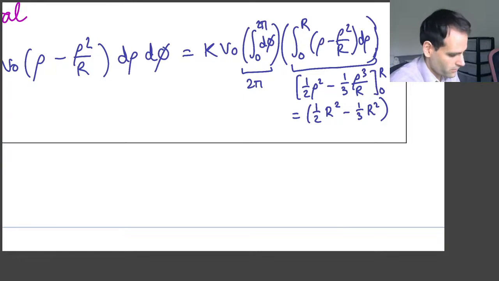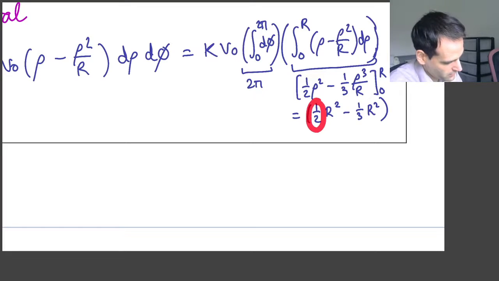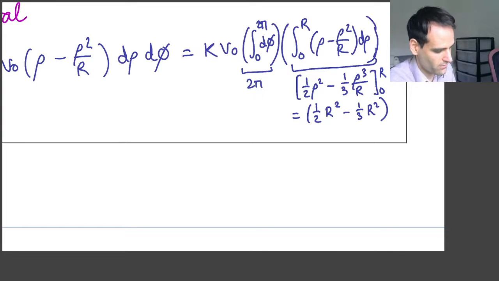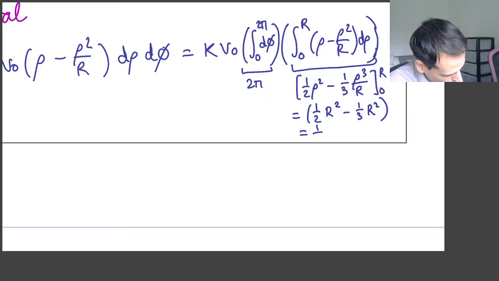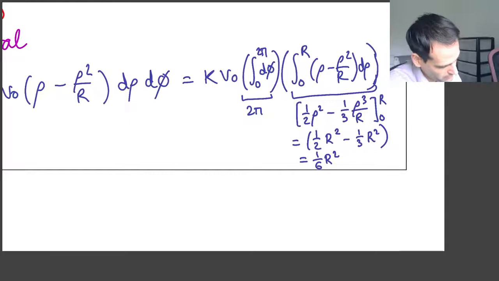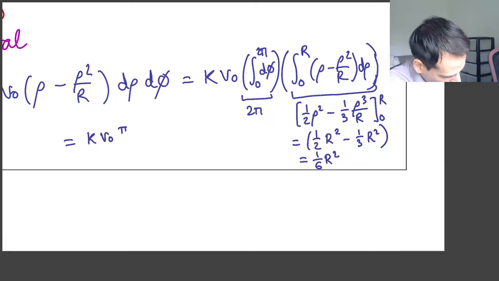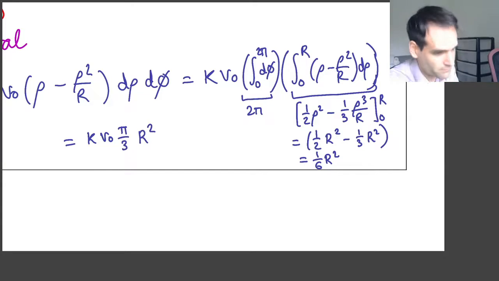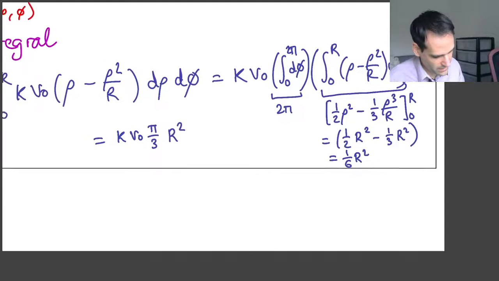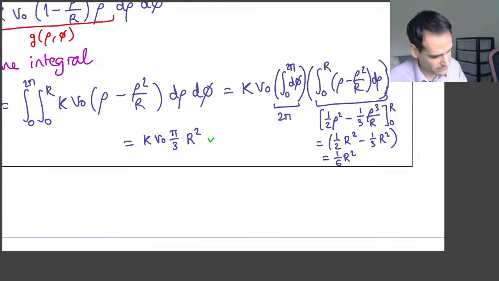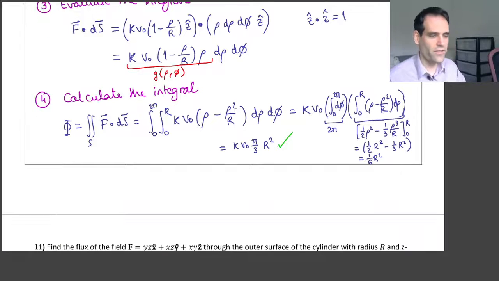Okay, so this is 3/6 minus 2/6, so that's 1/6 of r squared. So this 1/6 gets multiplied by the 2 pi, so you get pi over 3. So the final answer is k v0 pi over 3 r squared. Okay, and that is the final answer for the flux of water on this pipe.